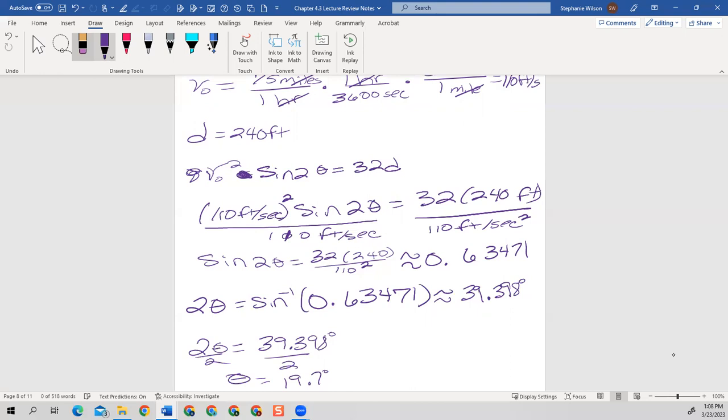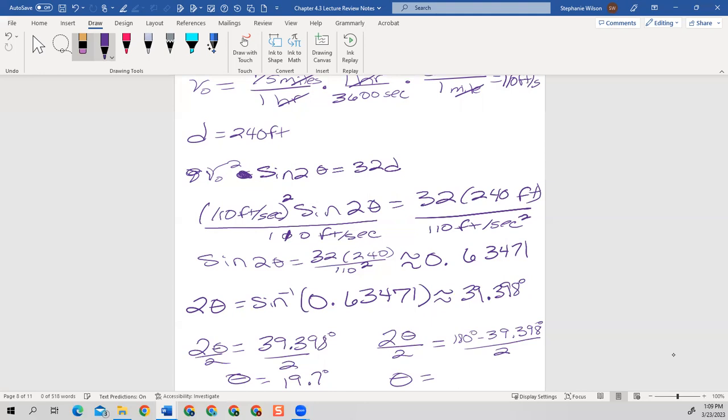And then let's take that 2 theta, and, oh, I was getting ready to divide. Give me a second. It's going to be equal to 180 degrees minus that 39.398 degrees. And then we're going to divide by 2. So now I have theta is equal to, and let me just double check my numbers, 180 minus 39.398 is 140.602.